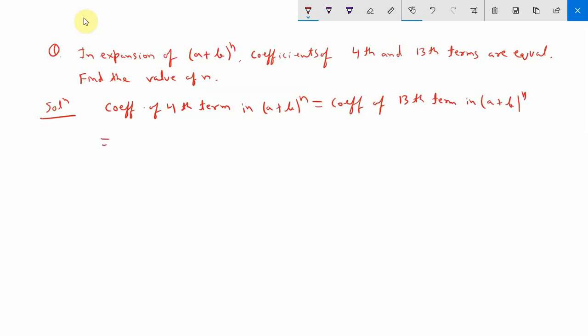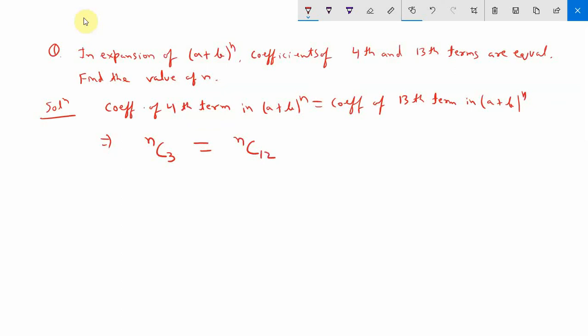So the coefficient of the 4th term will be nC, so 3 plus 1, so nC3. Okay, it will be equal to the coefficient of the 13th term, so nC12.